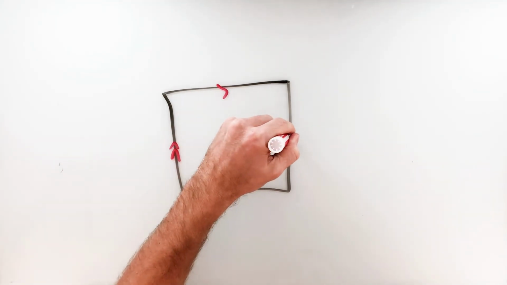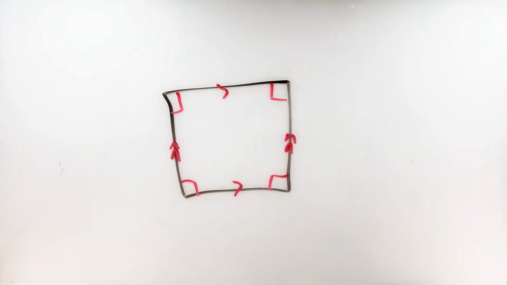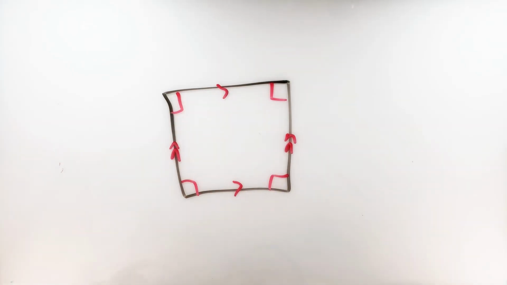Now, if I were to put some other information in the picture, for example, let's say this is what you see. Now I can look back at my definitions and decide, now that I have some information, I can get a little bit more specific. So if we look at what we have, we've got opposite sides parallel. How many pairs of opposite sides parallel? We've got 2. So I know I'm going to be on that 3rd branch.